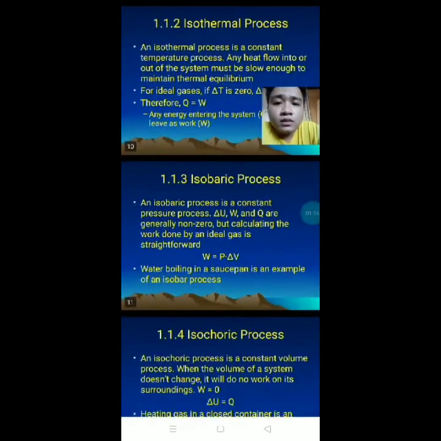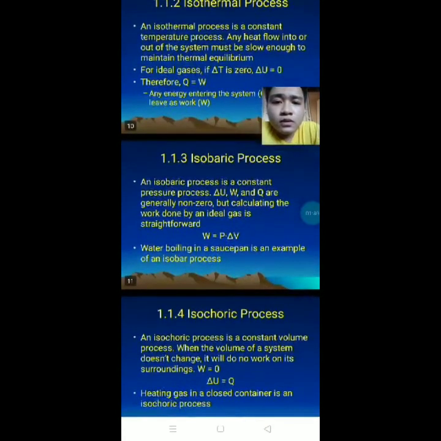The second process, the isothermal process. An isothermal process is a constant temperature process. Any heat flow into or out of the system must be slow enough to maintain thermal equilibrium.